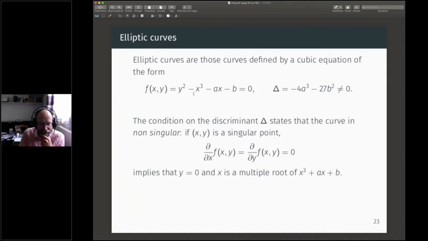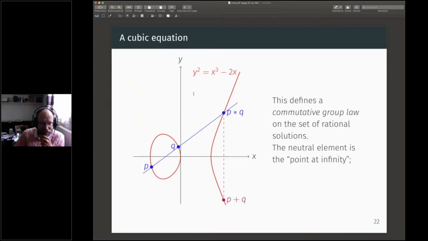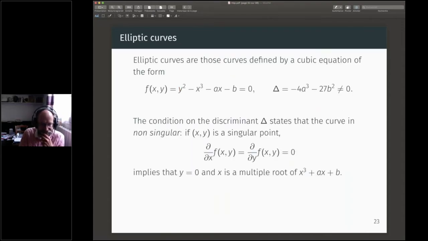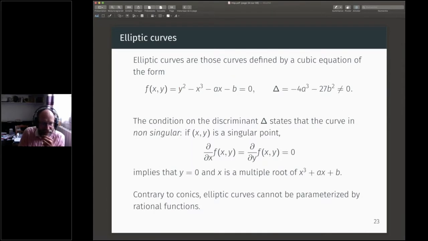It means that when I draw this red figure, there is no singular point, no place where the curve either has a cusp or crosses itself. And so those look like curves in any case. But contrary to what happens with conics, there is no way to parameterize those curves by rational functions.